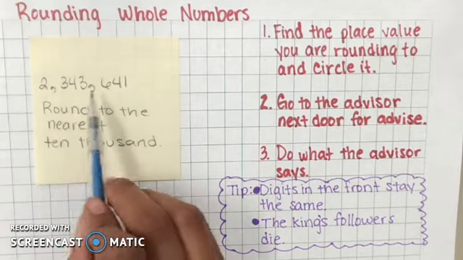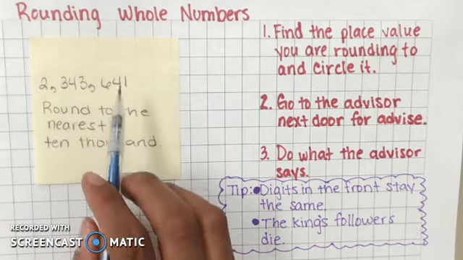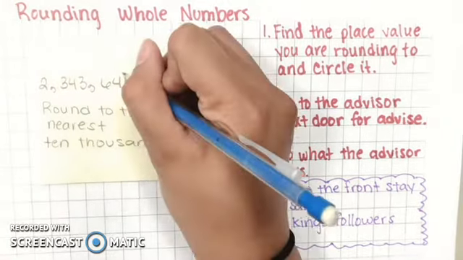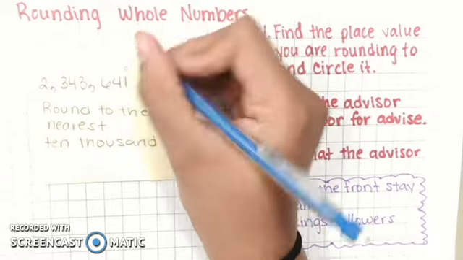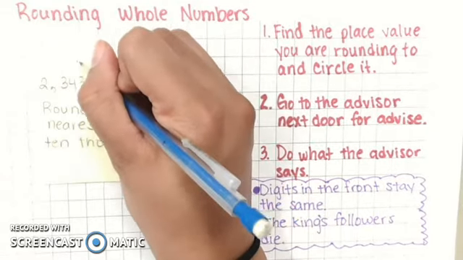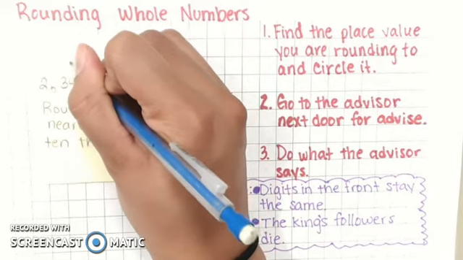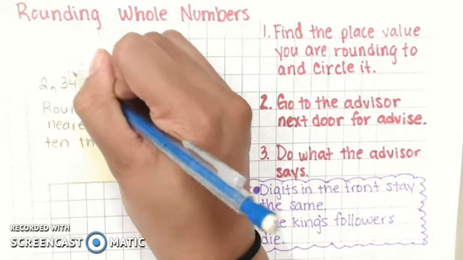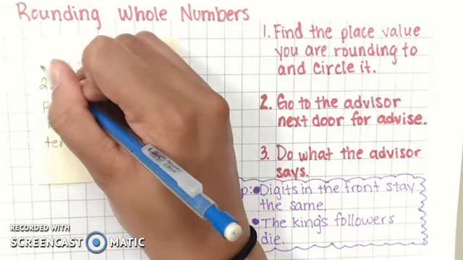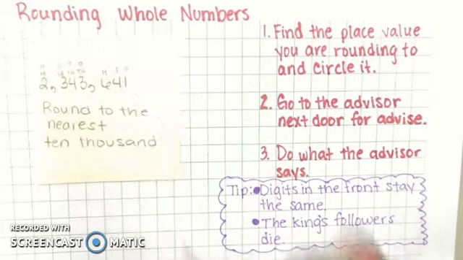So I need to go ahead and label these. I can do this just by labeling on top of the digits, or I can put it in a place value chart. I'm going to label these up here for now. This is the ones, tens, 100, and here I have the 1,000, 10,000, 100,000, and then the 1 million.